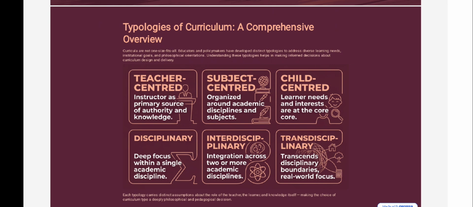Teacher centered: instructor as primary source of authority and knowledge. Subject centered: organized around academic disciplines and subjects. Child centered: learner needs and interests are at the core. Disciplinary: deep focus within a single academic discipline. Interdisciplinary: integration across two or more academic disciplines.